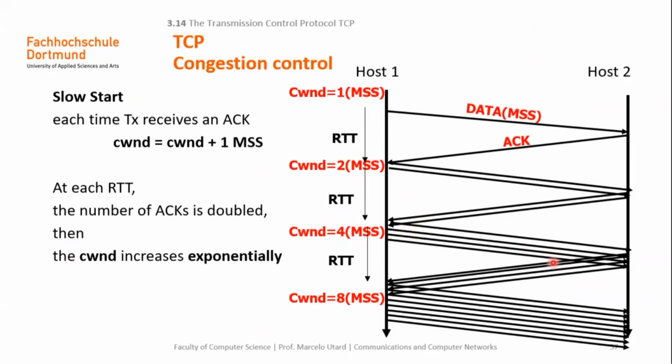And once the transmitter receives the 4 acknowledgements, the congestion window is increased to 8 MSS. Here we could see that the congestion window increases exponentially.